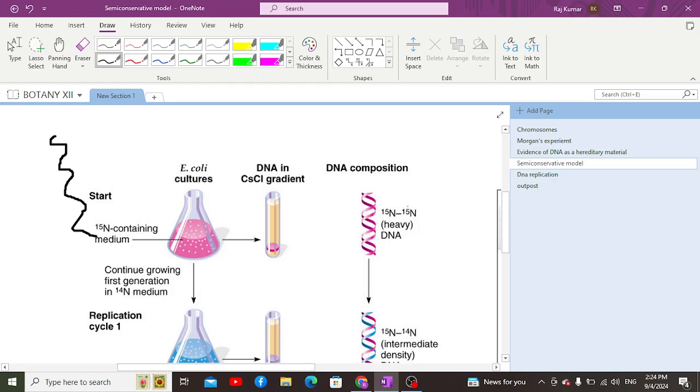The entire DNA duplex was considered heavy DNA because of N15 in both of these strands.